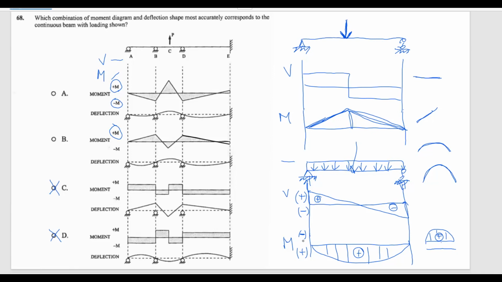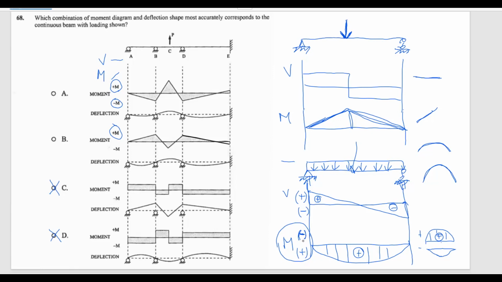So if you follow this order with positive at the top and negative at the bottom, the deflected shape is going to be opposite to the moment diagram. This is the thing that I wanted to share: the deflected shape is opposite to the moment diagram. Or if you do it this way and reverse the signs, the moment diagram is going to resemble the deflected shape.